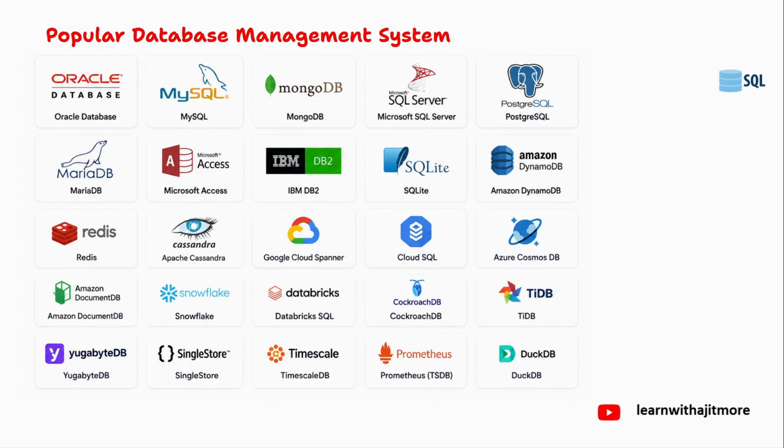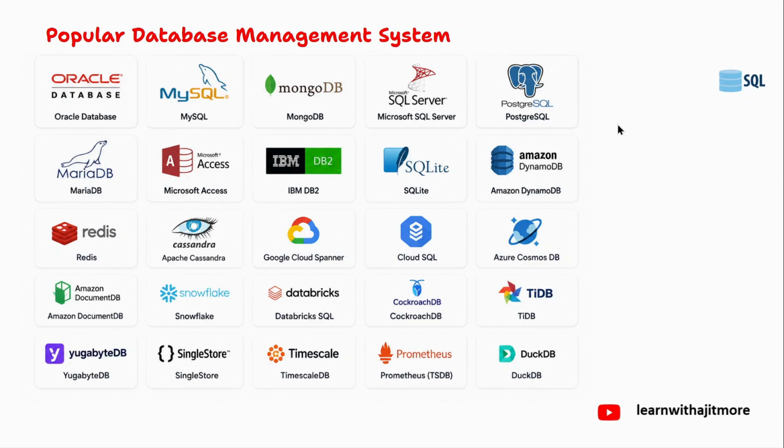A few are not listed here. We have Google Cloud, and also Cassandra. These are cloud based, but they are non-relational databases, like MongoDB. But MySQL, SQL Server, Postgres, these are relational databases.